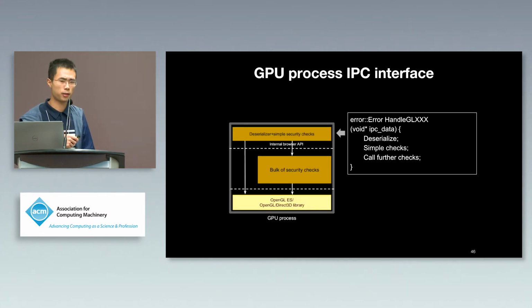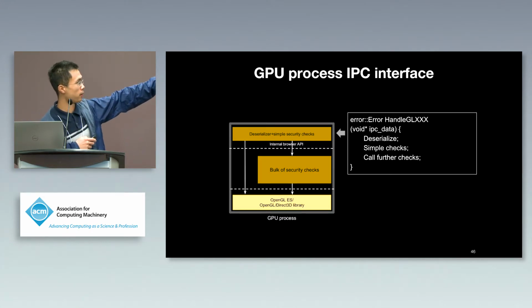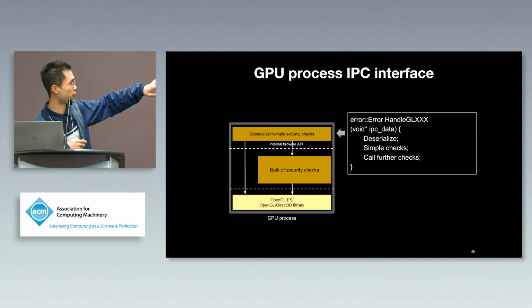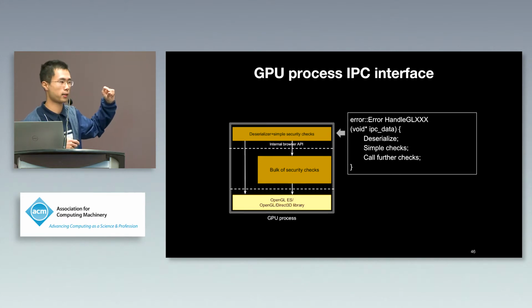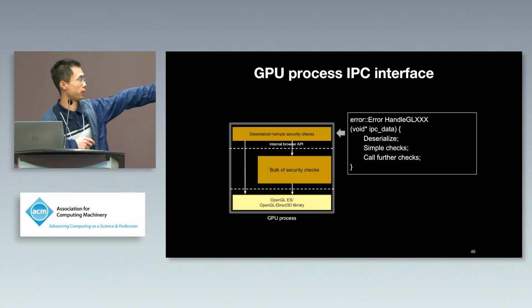Let's take a closer look at the IPC interface. This is the code format for each GL function on the IPC interface. For each OpenGL ES API, there is a deserializer function that takes the IPC data, deserializes it, performs some simple checks, such as numeric checks, and then it will call further checks in the bulk of security checks.